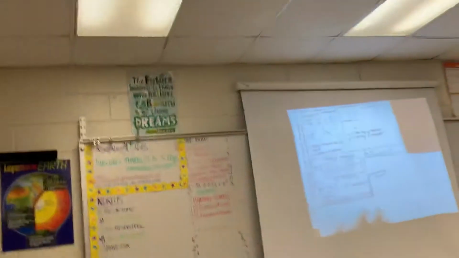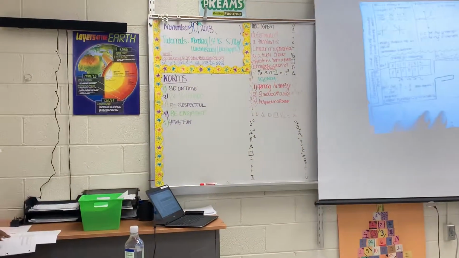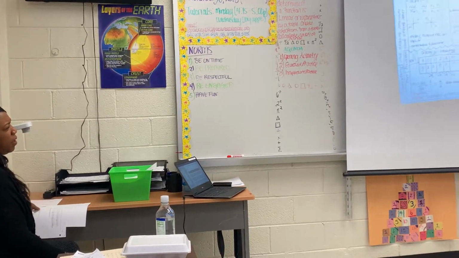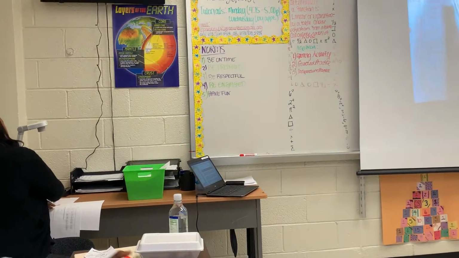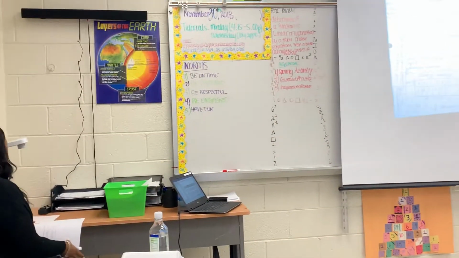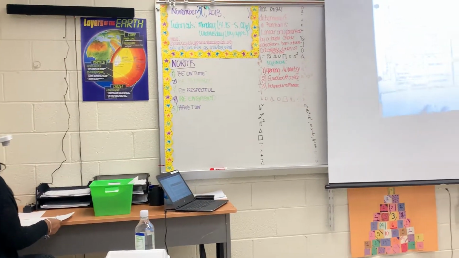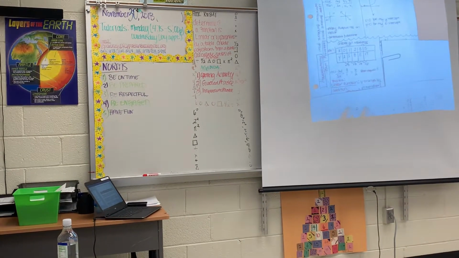Now, in order to create an equation, what is the formula that we use in order to write a linear function? It's at the top of this paper if you forgot. Y equals mx plus b. Very good. So, in order to do so, we need to figure out what our m is.